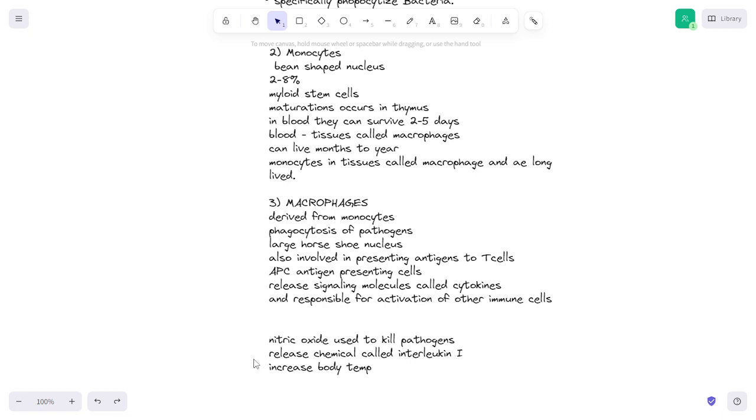And now we are discussing the dendritic cells.